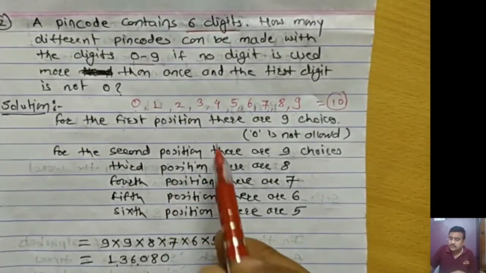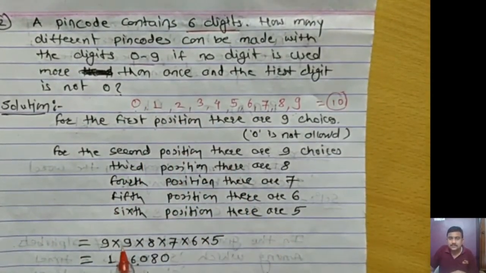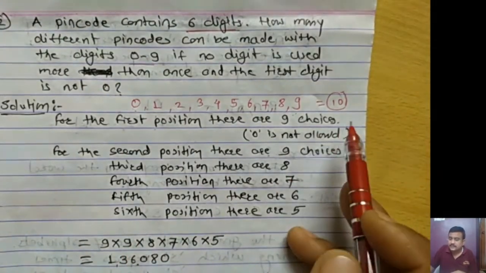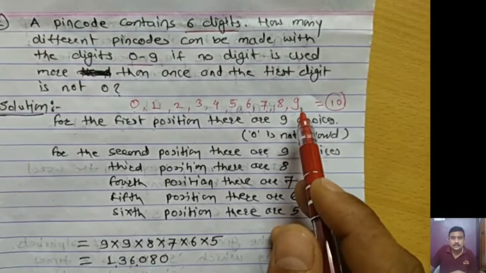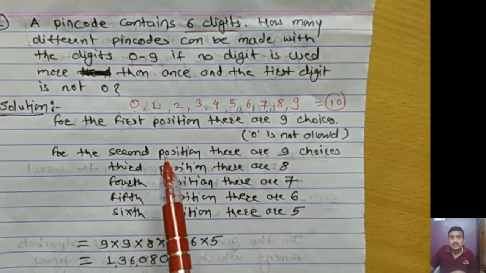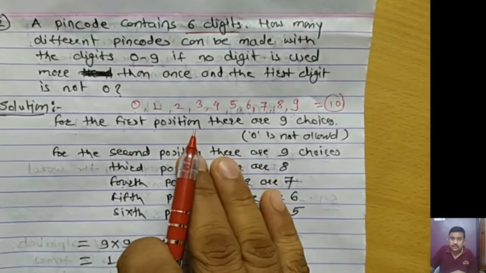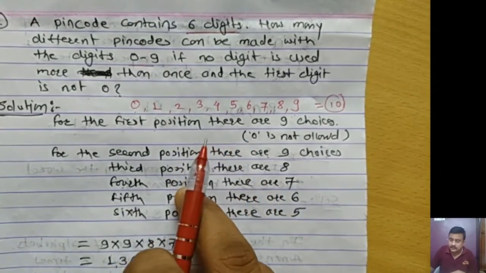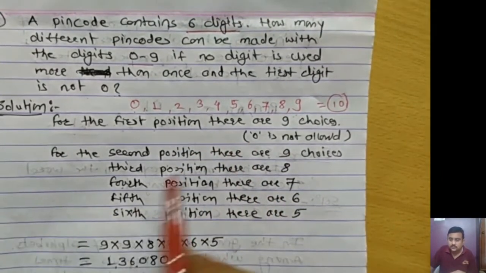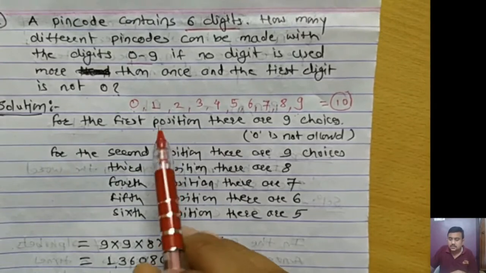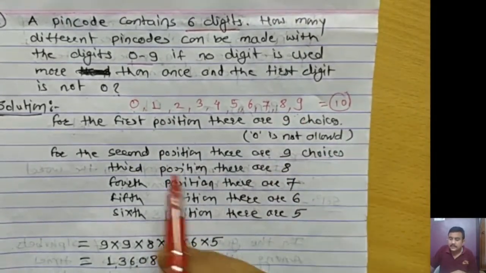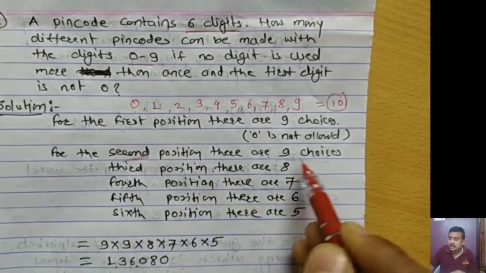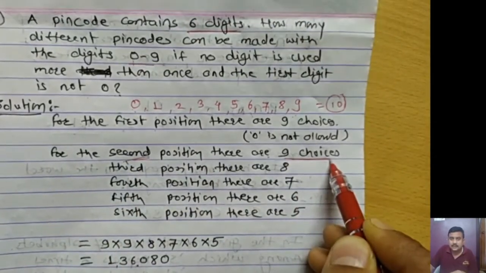Now for the second position, again there are 9 choices from 0, not selecting the digit which is already used in the first position. So again the remaining 9 choices are there. That's why for the second position we have 9 choices.